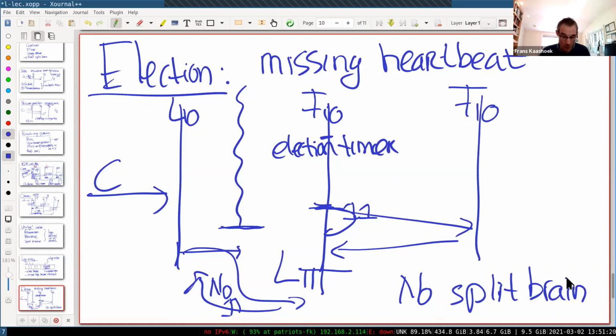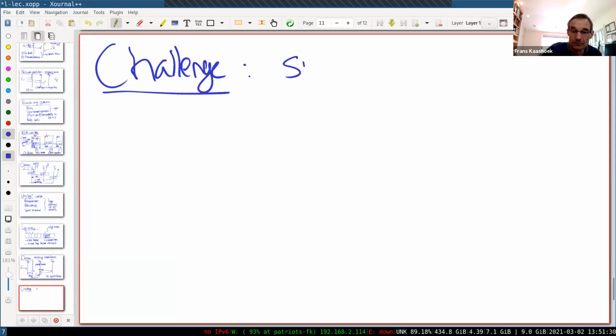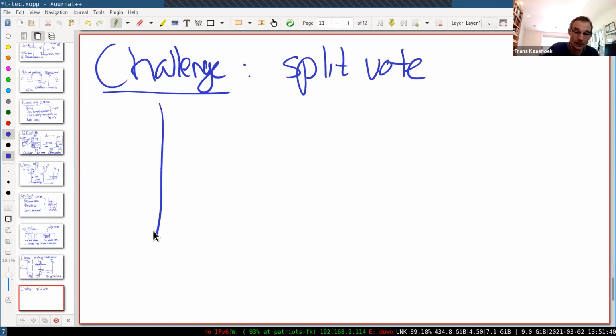Okay, that's of course not the only problem that we might have. Another challenge is we might end up with a split vote. Like with this particular picture, we had our leader, maybe he was leader in 10, there's a partition of the network.